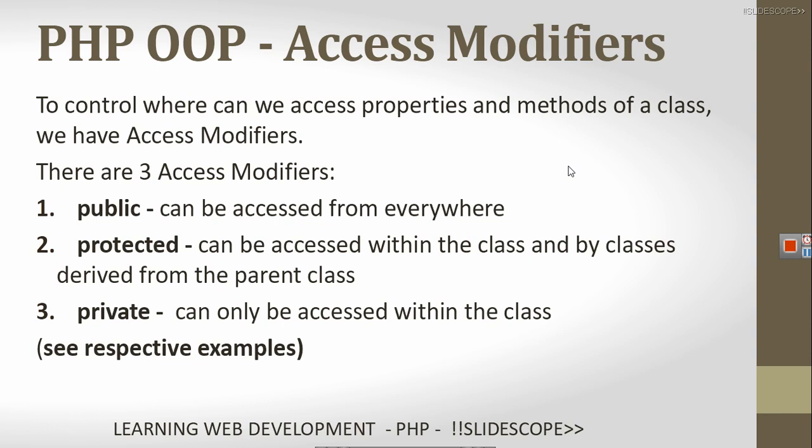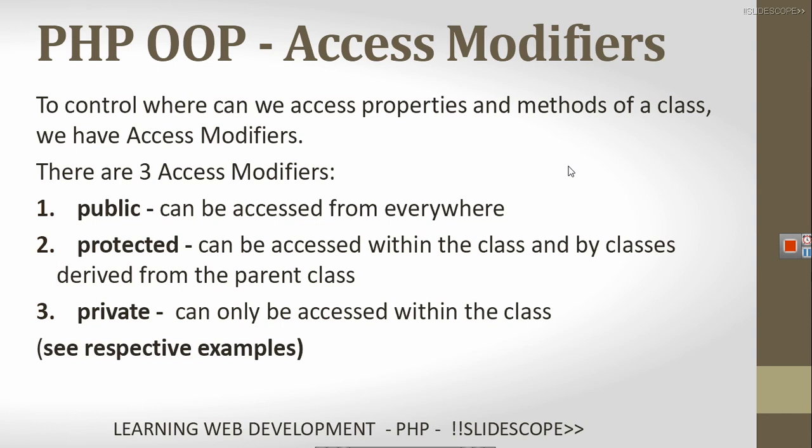Protected modifiers can be accessed within the class and by classes derived from the parent class. In upcoming chapters we will see how we can create child classes from a parent class, or derived classes. While creating derived classes, these protected modifiers can be accessed within the class and by classes derived from the parent class.